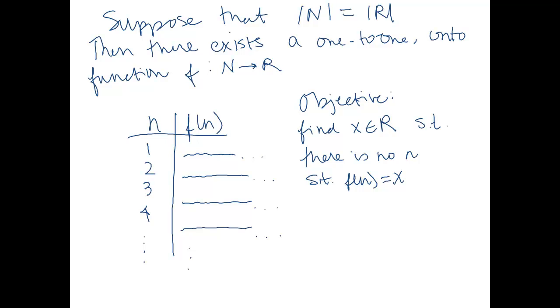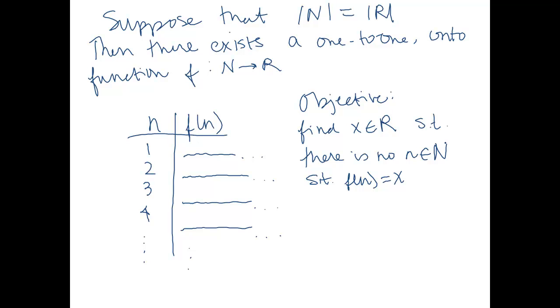Okay? So what we're saying here is that there is some element in the real numbers that isn't mapped to by f. That's what that means. There is no n in N such that this maps that n to that x.